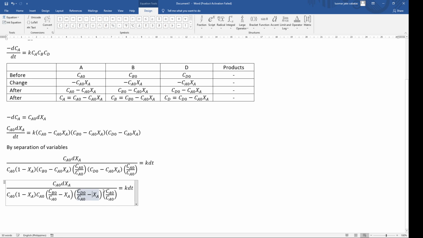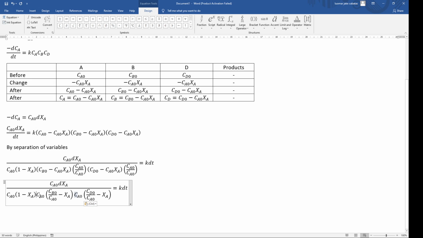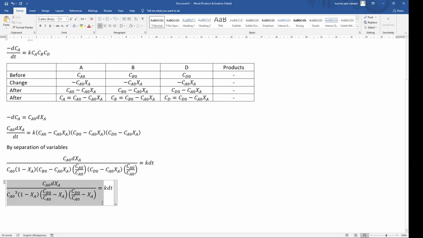So that, and that. So we now have CA0, CA0, and CA0, three CA0s. So we could combine those three into CA0 cubed.